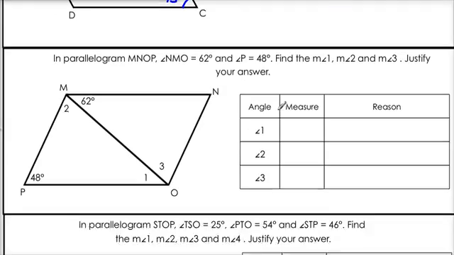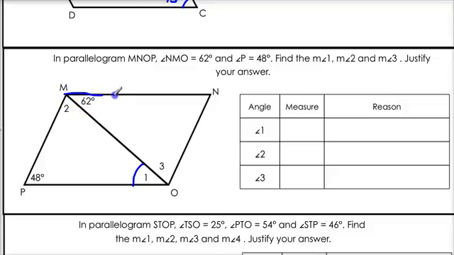Easy stuff here. Now this one gets a little bit more difficult. All right, so follow along. In parallelogram MNOP, angle NMO is 62, angle P is 48 degrees. Find the measures of 1, 2, and 3 and justify your answers. Well, this is a little bit more difficult, so you might want to pay attention closely. The first angle you could find is angle 1, and this is not because of our property that we've learned directly, but what you know is this.